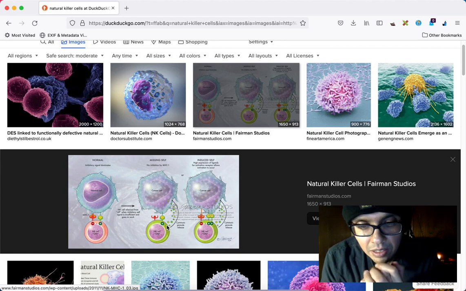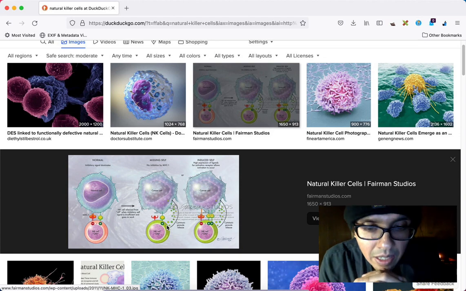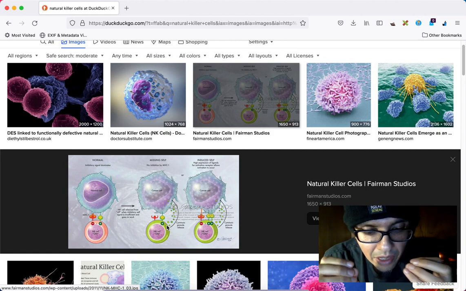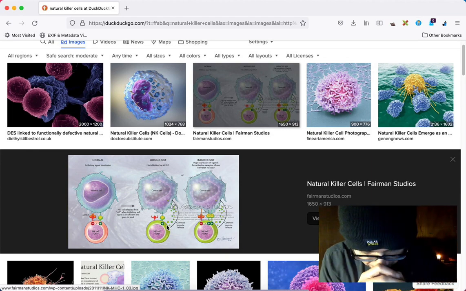So that's where killer cells come in. Killer cells actually have granules. They're granulocytes, right? And these granules have chemicals stored in them called perforins, which comes from the word perforate.